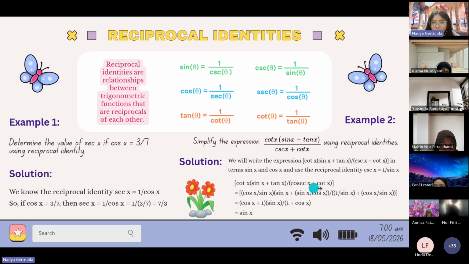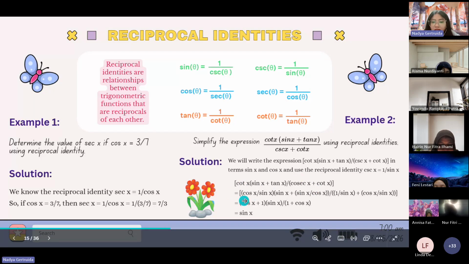And then write it again: it is equal to cosine x divided by sine x, open bracket, sine x added to open bracket sine x divided by cosine x, close bracket, divided by open bracket 1 over sine x added to open bracket cosine x divided by sine x, close bracket.